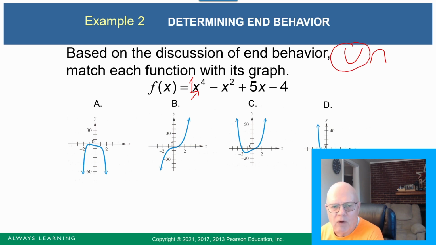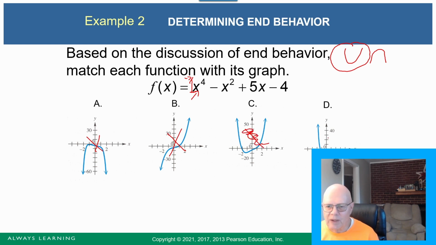So look for which one has an end behavior like that. Well, there's only one. It has to be C. It can't be A because it's got a positive one out here. So this one's out. These are odd degree behaviors. Oops, this is a good one. This is an odd degree behavior, and here's your guy right there.